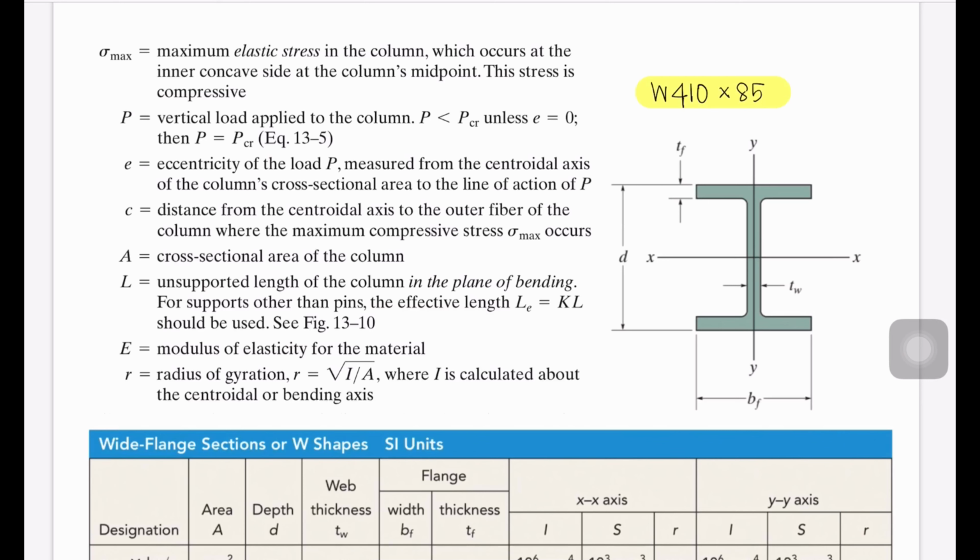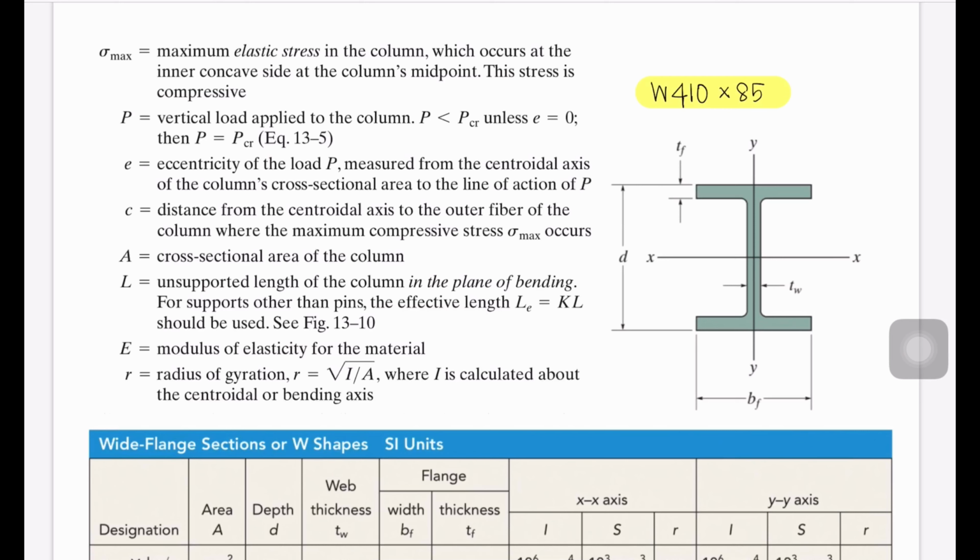So that means if P here moves to the other side by a distance, and the distance we call E, the eccentricity of the load P. This is P, so E is referred to the distance of P. C is the distance from the centroidal axis to the outer fiber of the column.